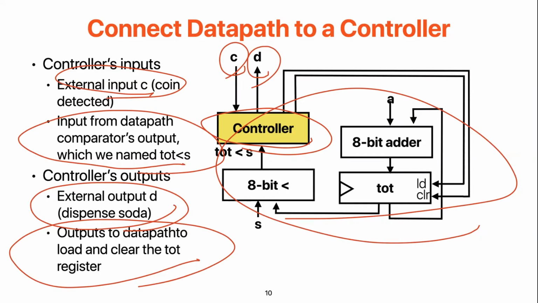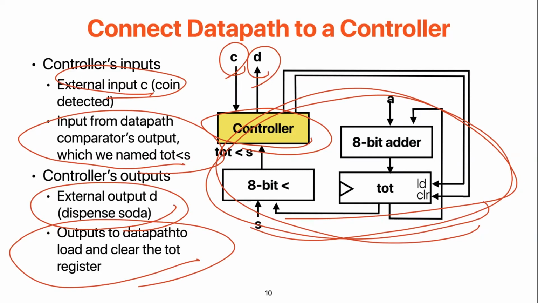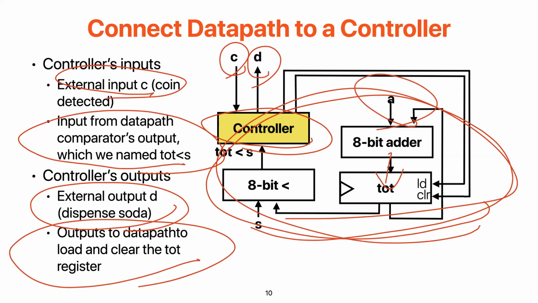And by doing this, I think the previous question was talking about, if you look at the current design, what actually changes the value of total, and you will see the input of total is coming from this one, right? For load or clear, it could do things at any time.